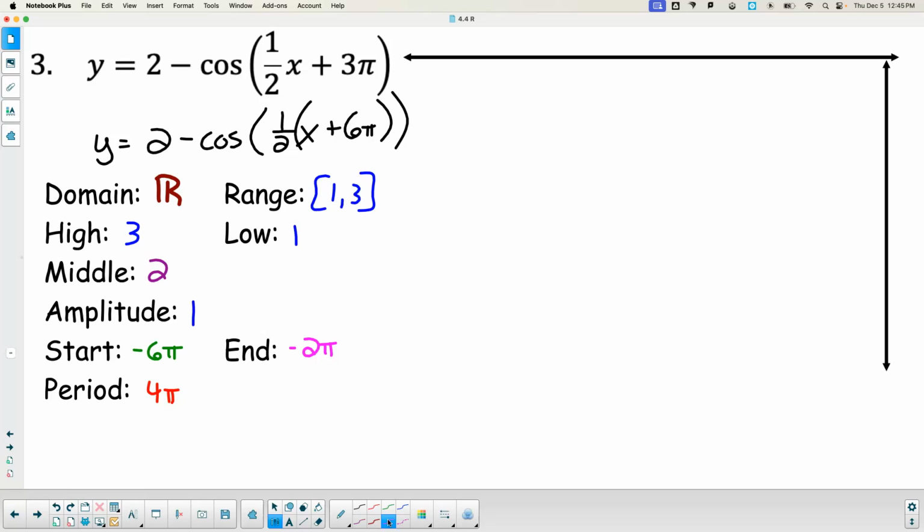Okay? Cosine is high to high. Flipped, not flipped. It's flipped, right?